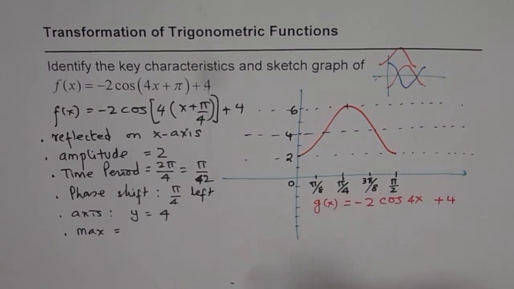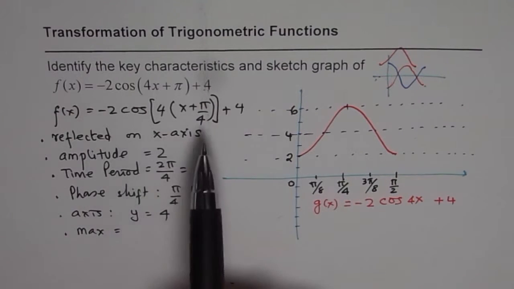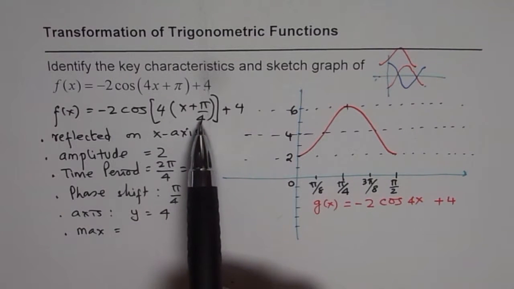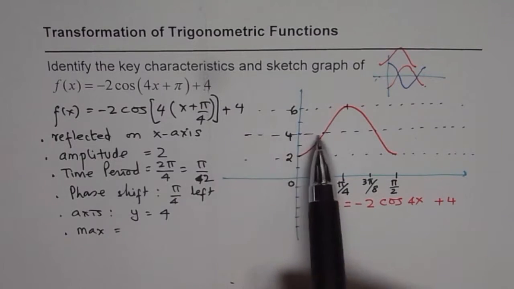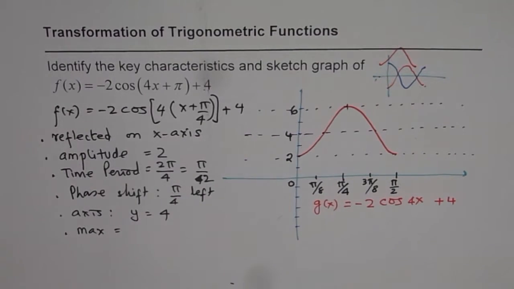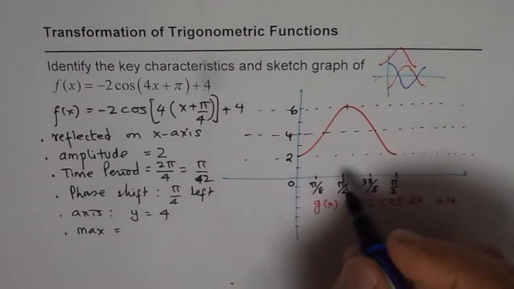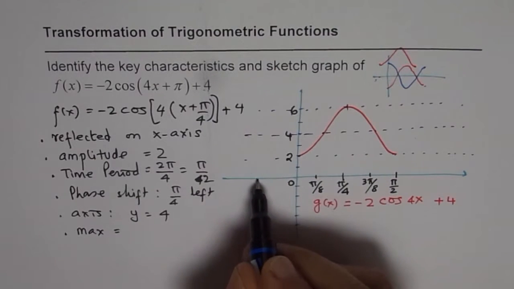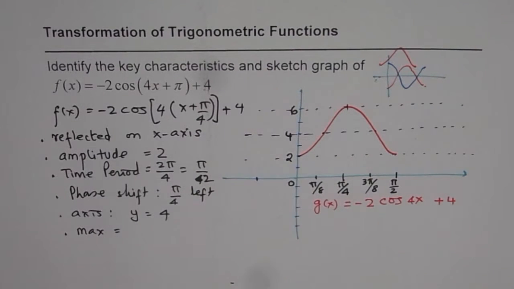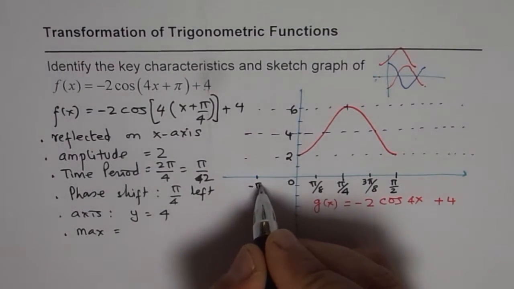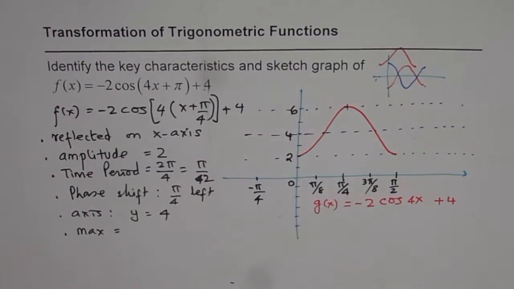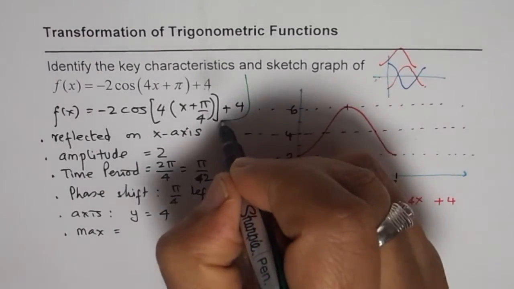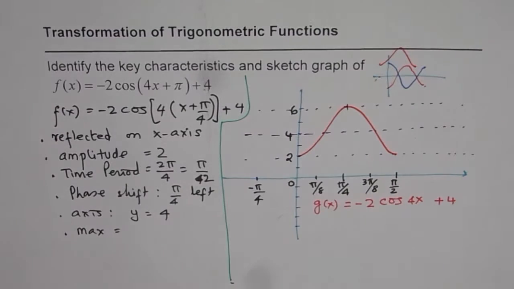Is that okay? Now we will incorporate the horizontal translation of pi by 4 to the left. Now how much is pi by 4? As you can see, pi by 4 is this much. So that is pi by 4 for us, correct? So this is minus pi by 4 for us. Let me just draw a line, let's do like this, okay? Perfect.